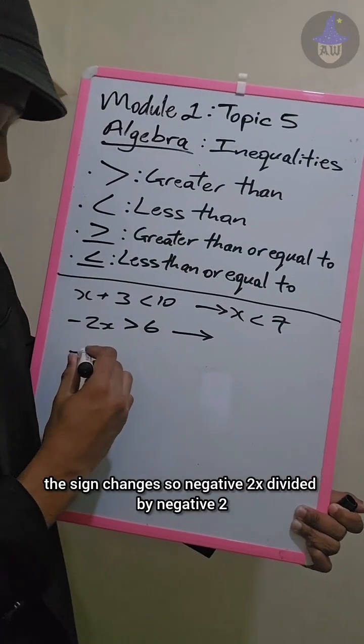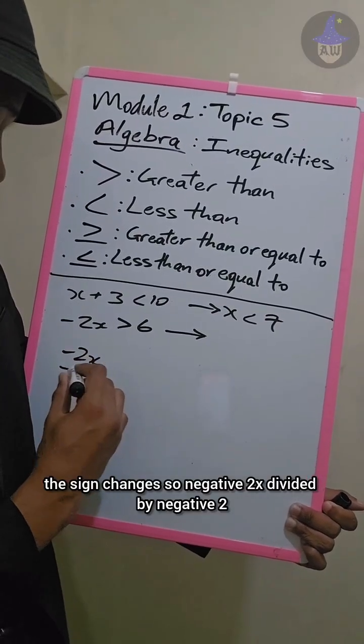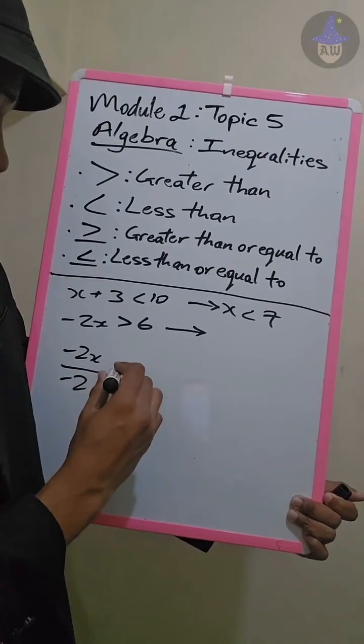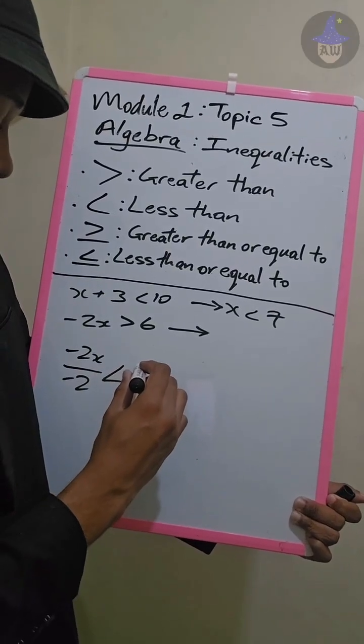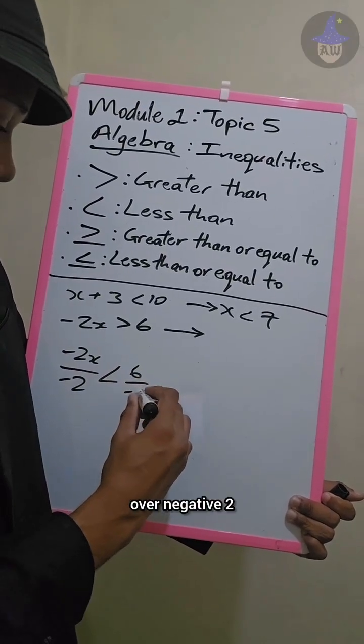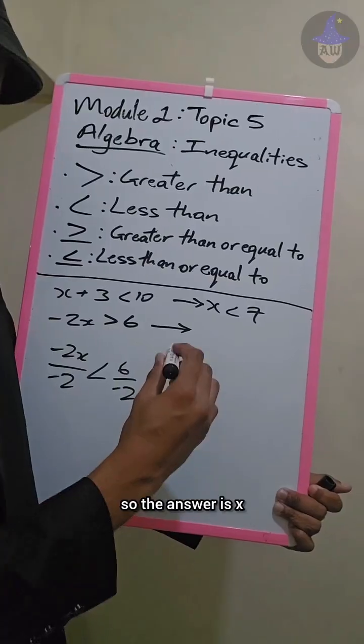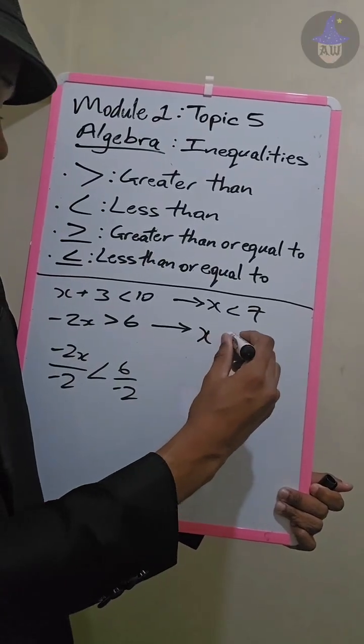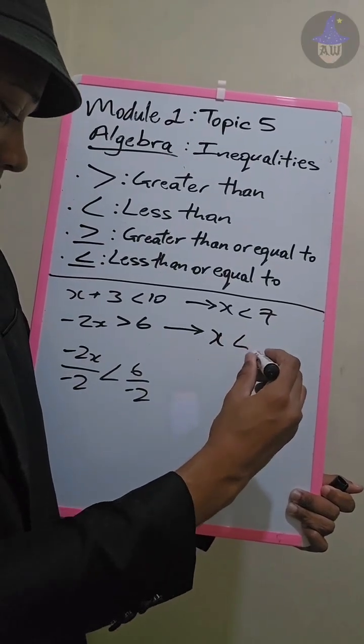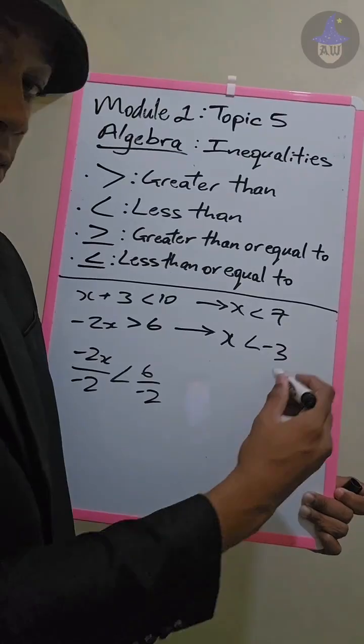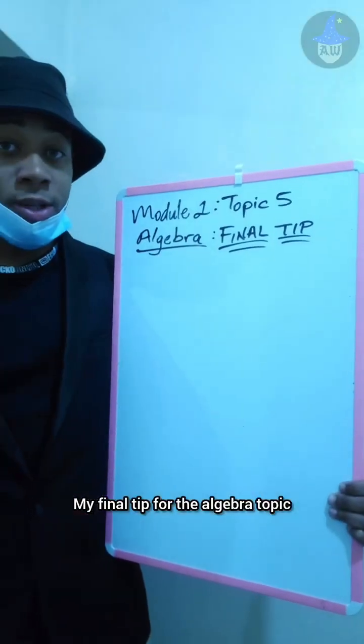So negative 2x divided by negative 2, it turns into less than 6 over negative 2. So the answer is x is less than negative 3.